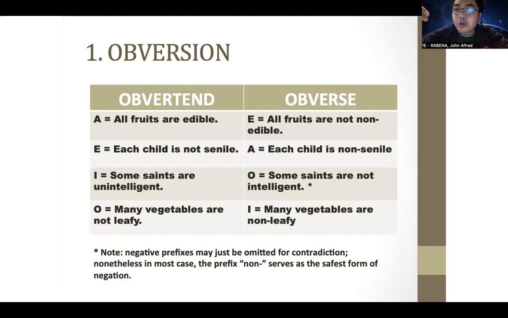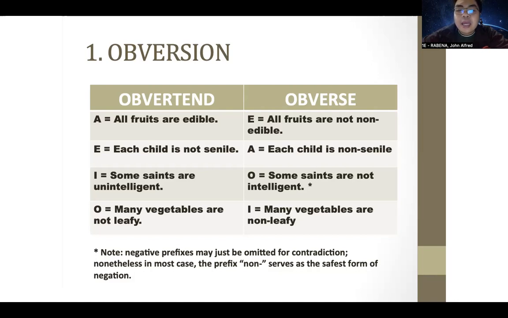So in order for you to contradict that, it will become intelligent. You remove the prefix un. So if the obvertend is some saints are unintelligent, you change the quality: some saints are not unintelligent, and then you contradict the predicate. It will become some saints are not intelligent.